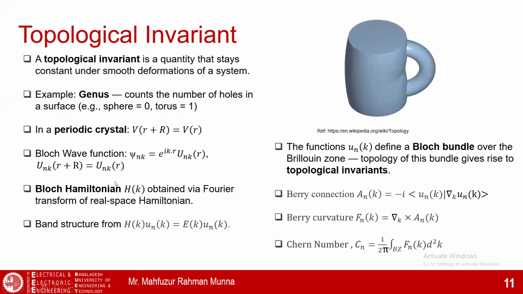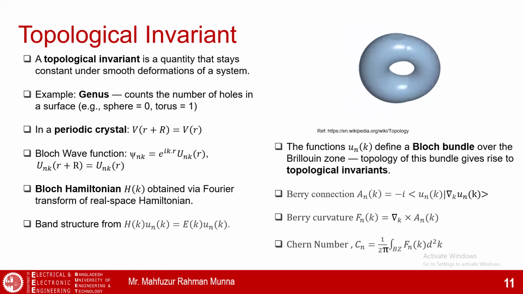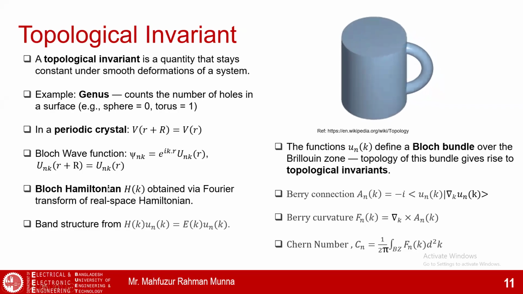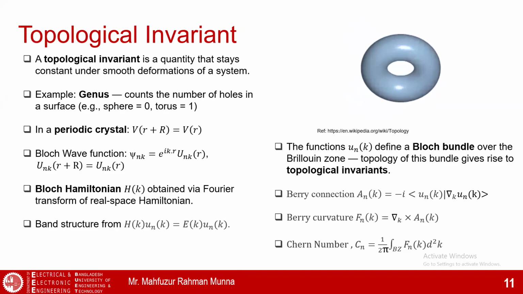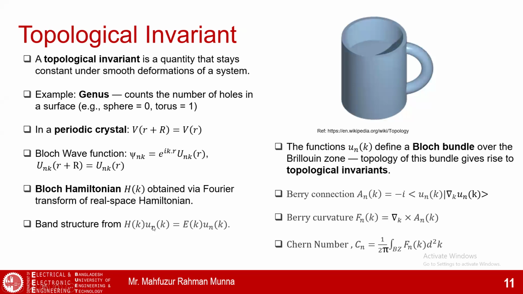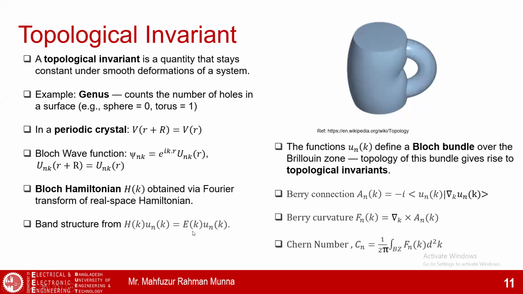So now let's talk about how we can calculate this topological invariant. If we take the Fourier transform of the real space Hamiltonian, we will get the Bloch Hamiltonian H of k. And if we solve the Schrodinger equation for the Bloch Hamiltonian, we will get the Bloch bundle u_nk and the energy eigenvalue E of k.